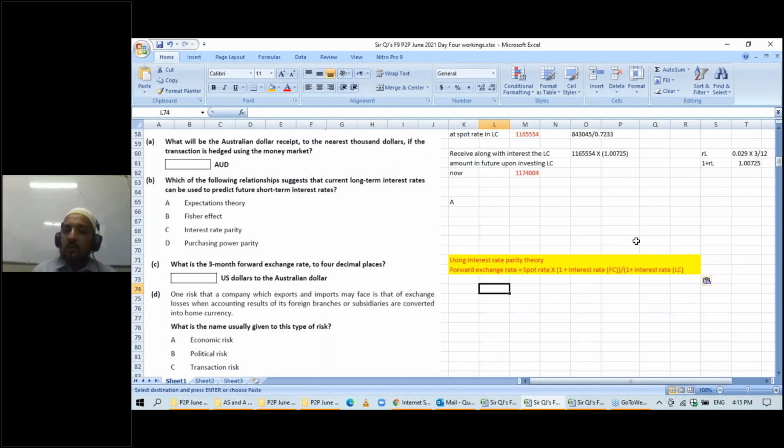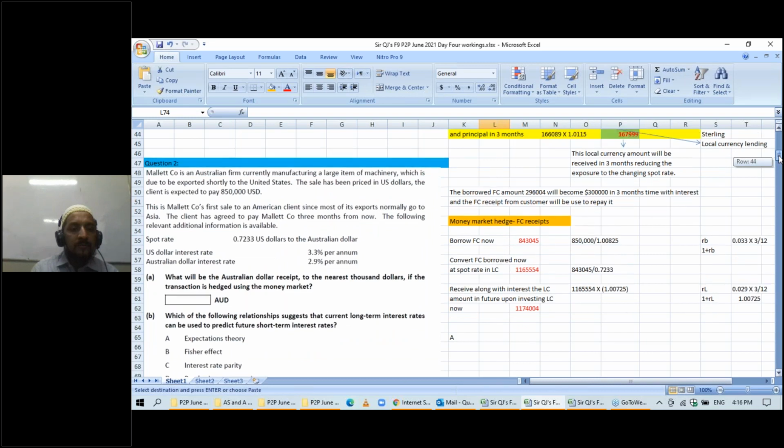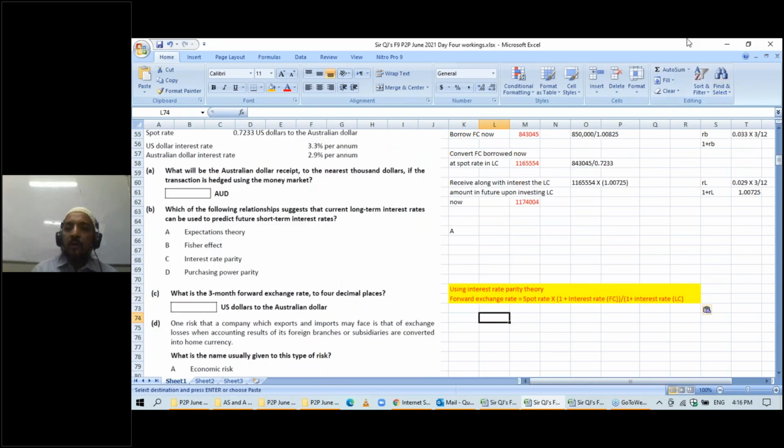Use those interest rates to calculate the forward rate first, and then convert the foreign currency amount into the local currency, which will occur in the future. The foreign currency in this question is US dollars.